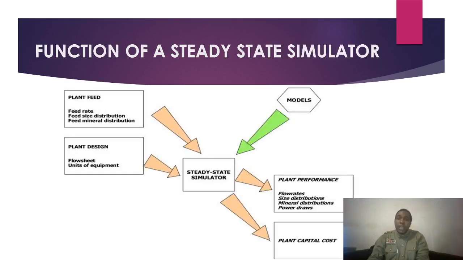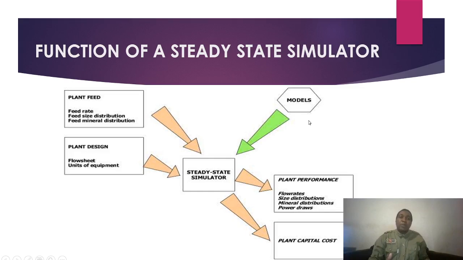So let us look at how a steady state simulator functions. A steady state simulator functions by having information which is needed for plant feed, information which is needed for plant design, and also what we call models.